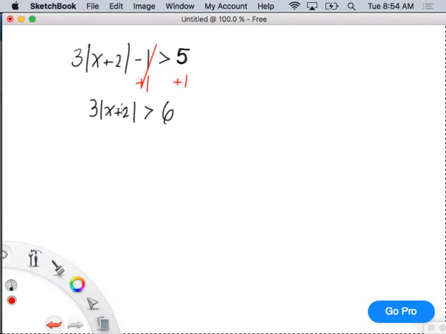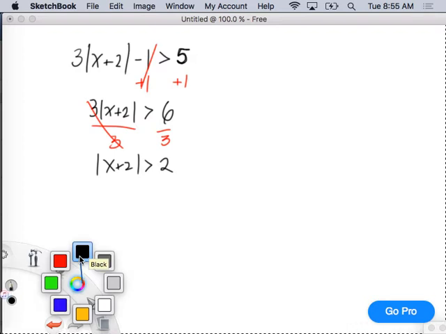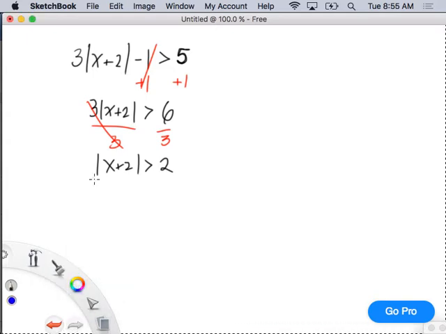What do I do now, class? Divide by 3. Absolute value of x plus 2 is greater than 2. Have I finished isolating? Yes. My absolute value is by itself. So I rewrite it. X plus 2 is more than 2 or greater than 2.